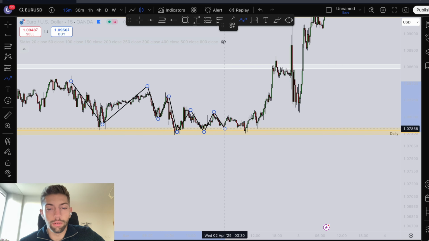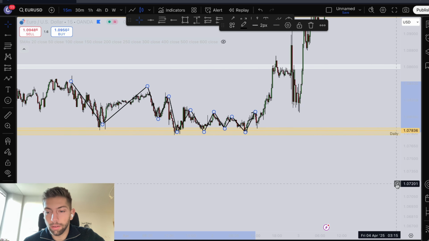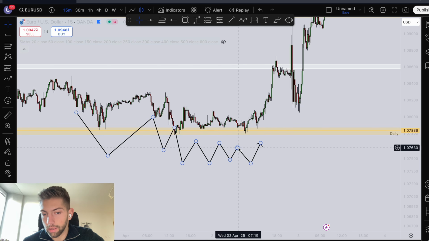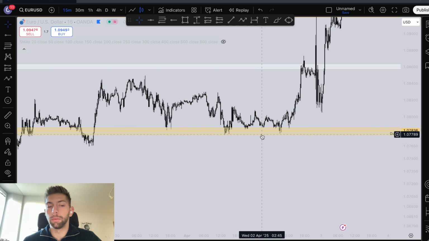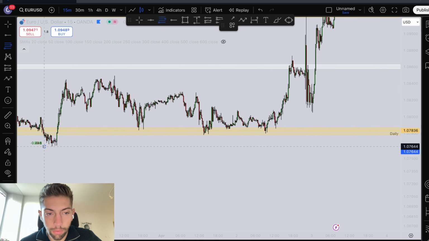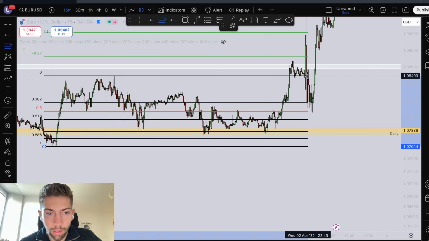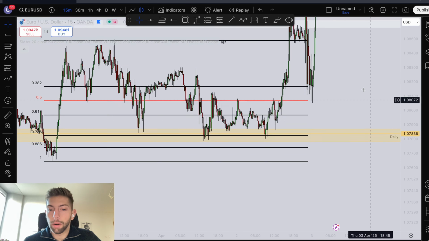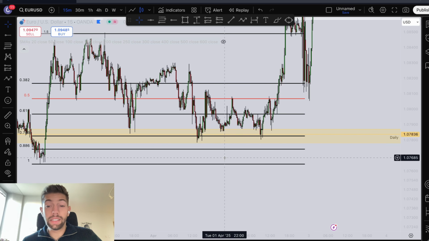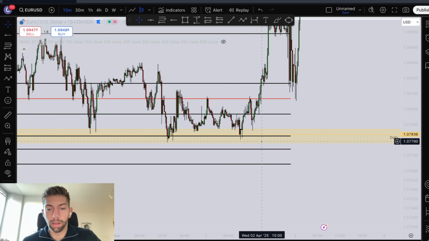What I wanted to see was a clear shift for me to open buys, which happened exactly right here when price broke this high, resulting in a new higher high. And after the pullback, that's where I hoped to enter. I was also using my Fibs from A to B, and price pulled back around 78.6, which is a really strong pullback.